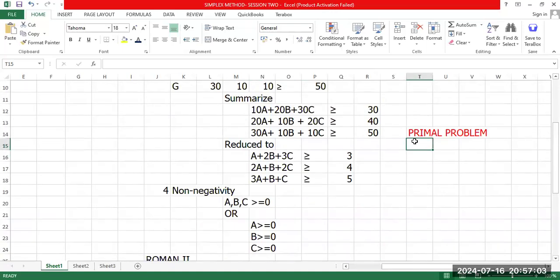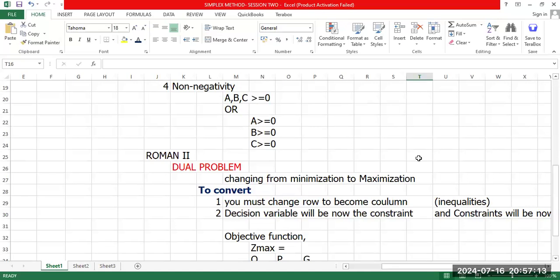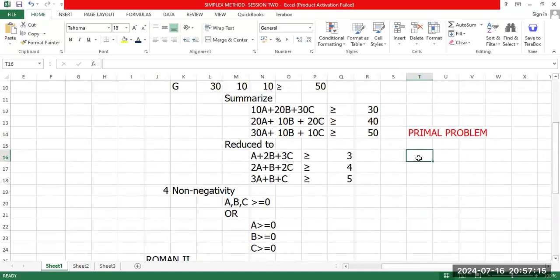Because the concept is that the original problem is always the Primal problem. And if they say you change your problem to the dual, it means that you are trying to change the original problem.